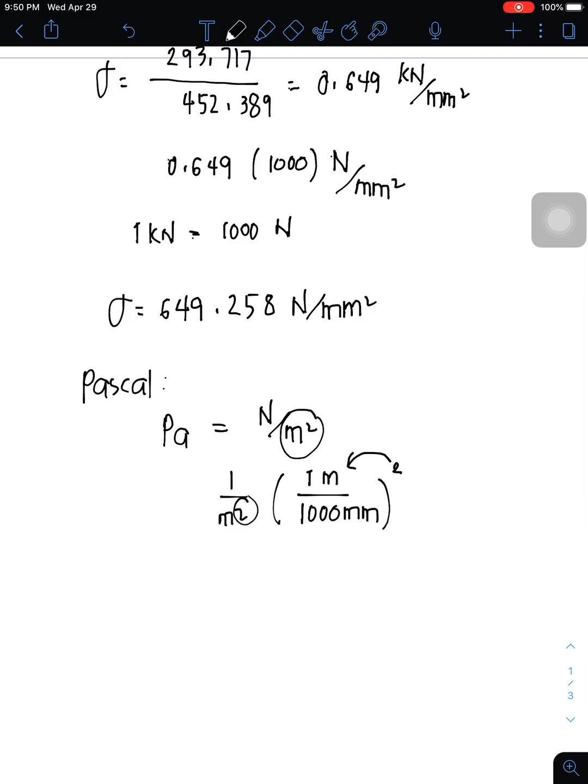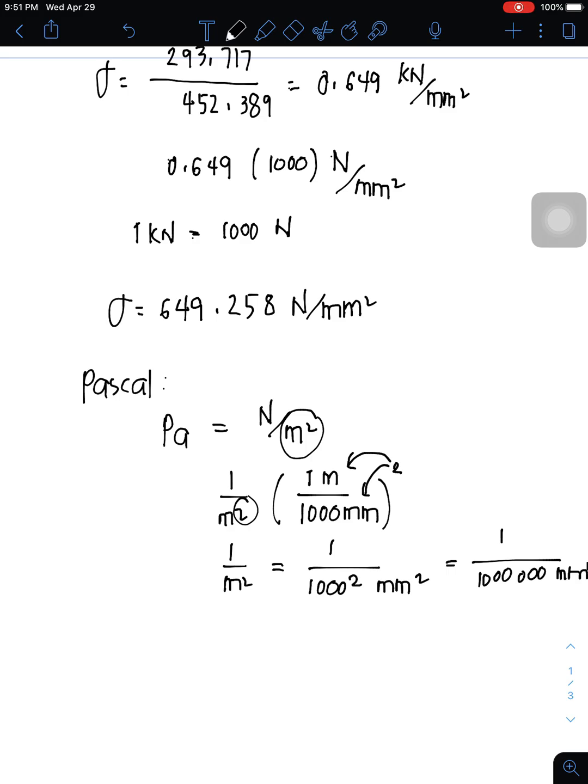So 1 over m squared is just equal to 1 over 1000 squared mm squared, so this is just 1 over 1 million square mm.